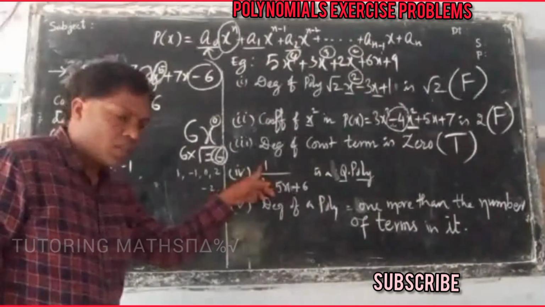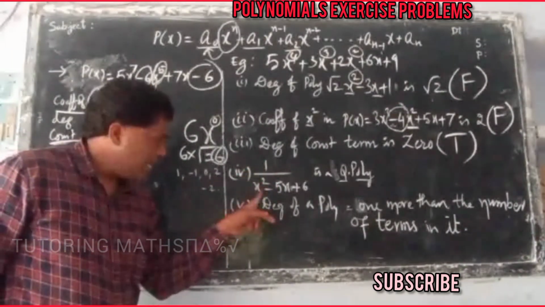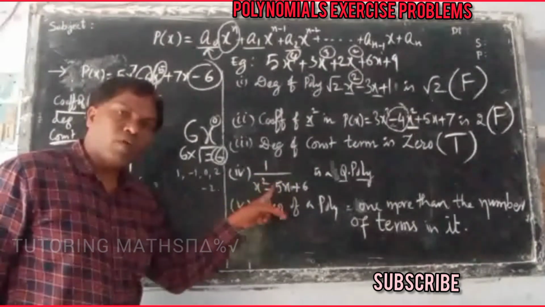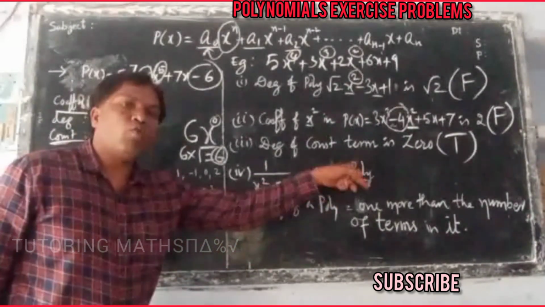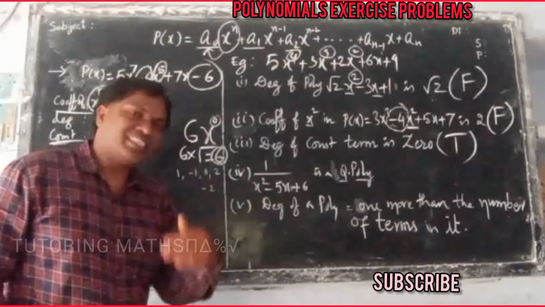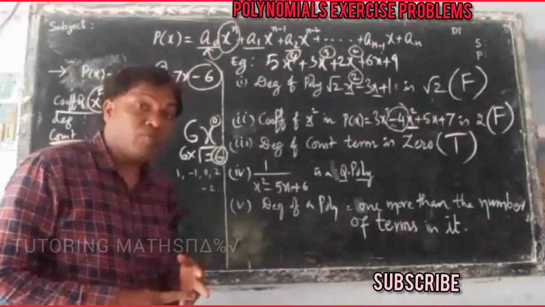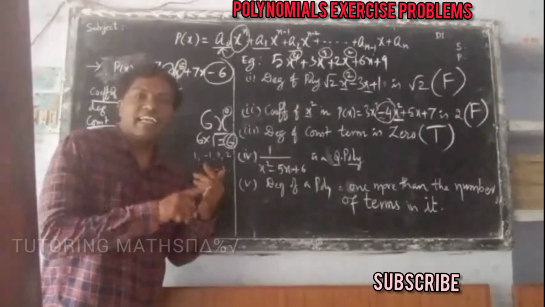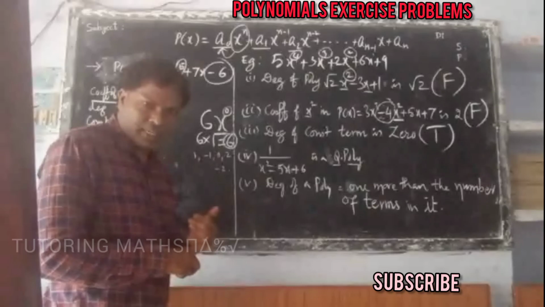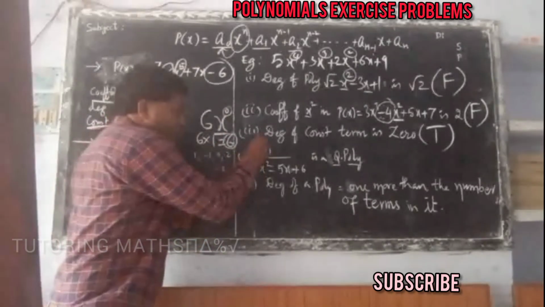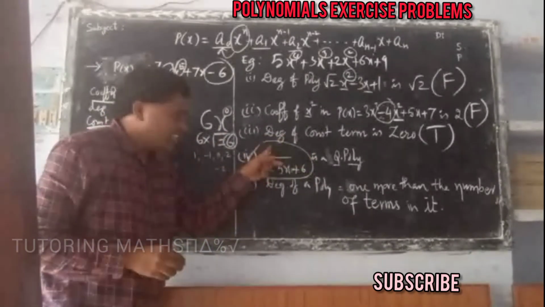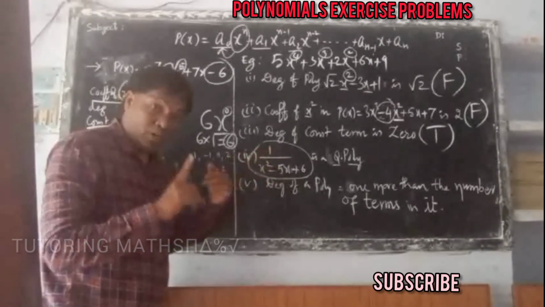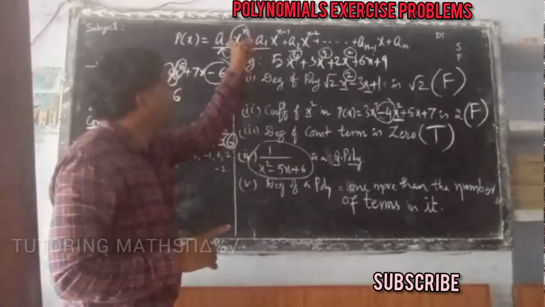And next, 1 by x square minus 5x plus 6 is a quadratic polynomial. We have discussed the definition, different types of polynomials in the previous class. What is quadratic polynomial? Second degree polynomial is called quadratic polynomial. So once observe this, actually it is not at all a polynomial first of all, because polynomial should be in this order.